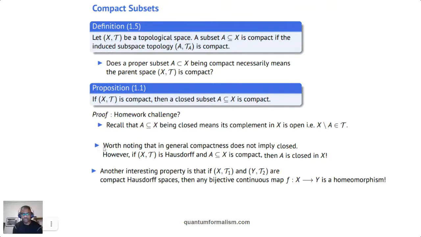Not least, you have to note that in general, compactness does not imply closed. So just because something is compact doesn't imply it is closed. However, very interestingly, if X is Hausdorff and the subset A is compact, then A is closed.